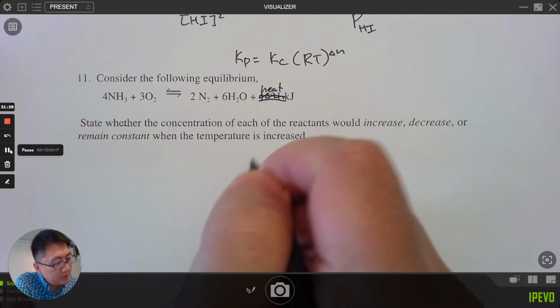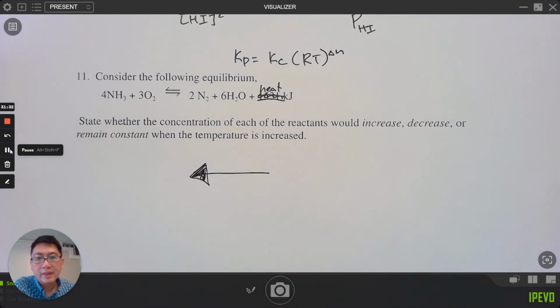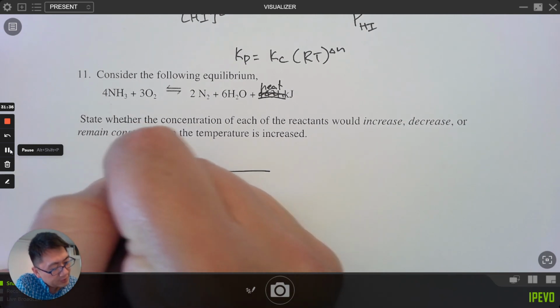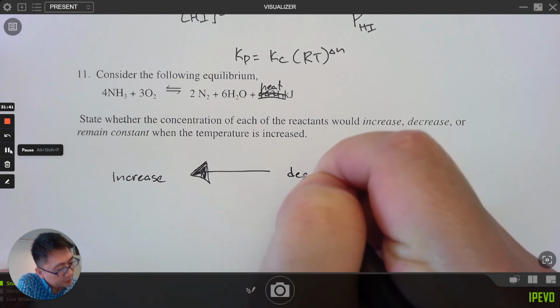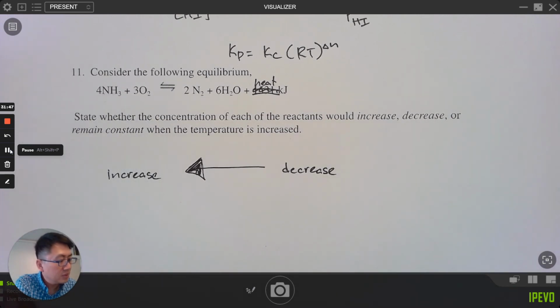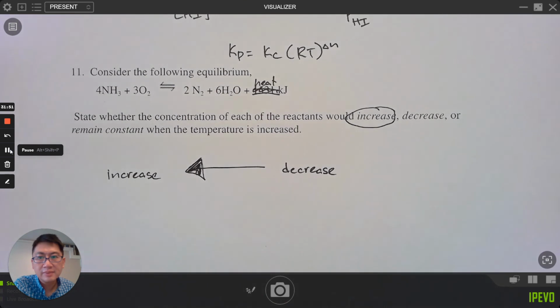So to get rid of heat, the reaction will shift to the left. Everything on the left side will increase, and everything on the right side will decrease. Now the question is, what will happen to each of the reactants? Reactants on the left side will increase.